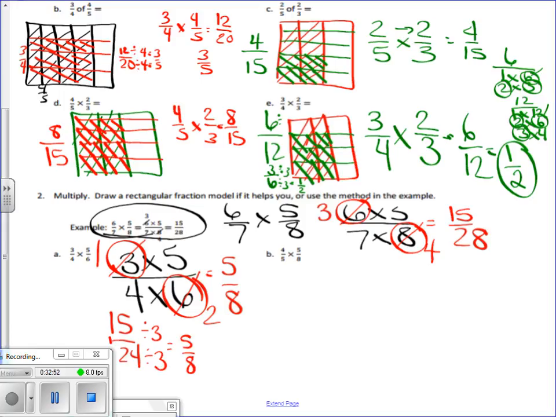You can do it either way, you don't have to do this, okay? But you still have to have your fractions simplified at the end of the day.